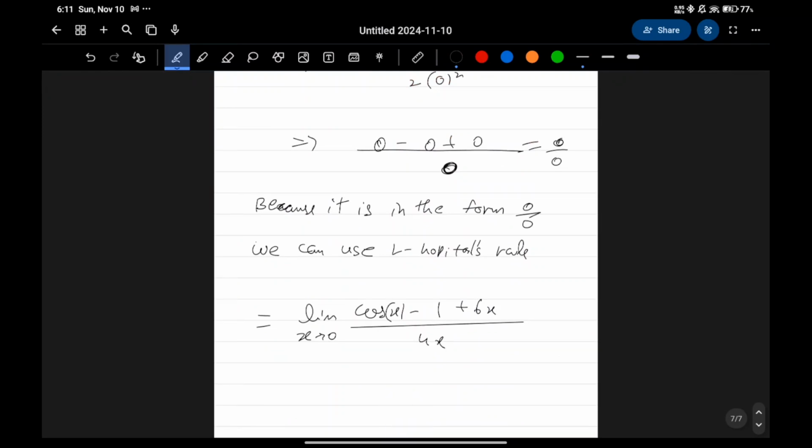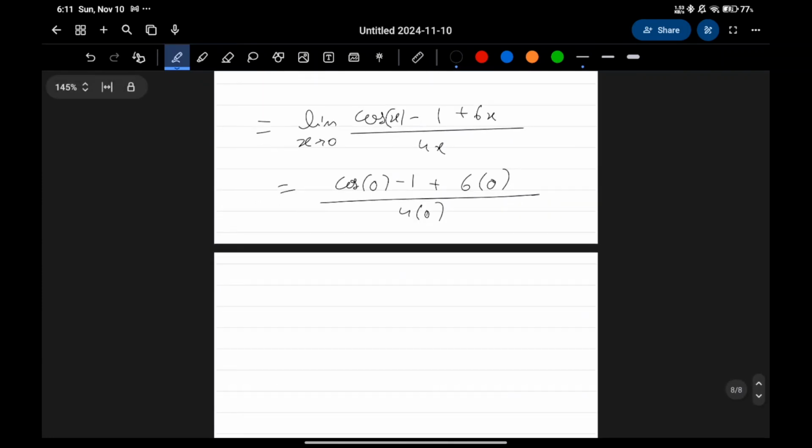Now my job is to plug in the 0 again. Plugging in 0, I get cos of 0 minus 1 plus 6 times 0 over 4 times 0. Cos of 0 is 1, minus 1, plus 6 times 0 is 0, over 0. Again it becomes 0 over 0.